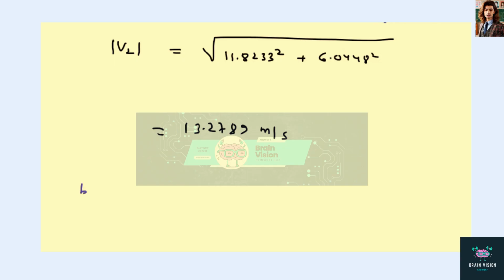Now for part B, you can write the value of axial acceleration of boat A1 is equal to 0 i cap meter per second square.